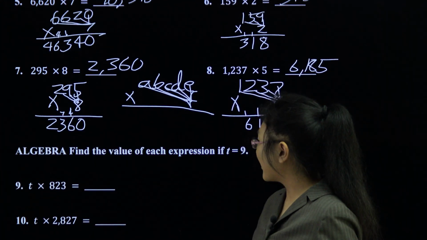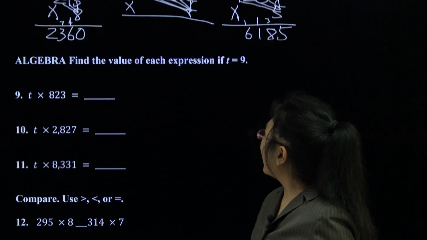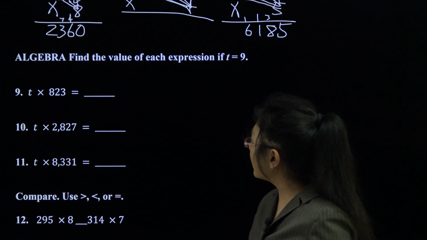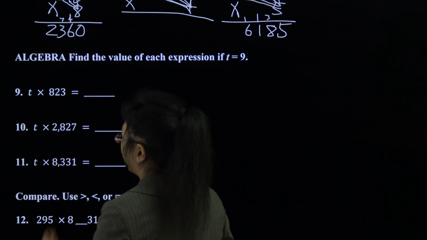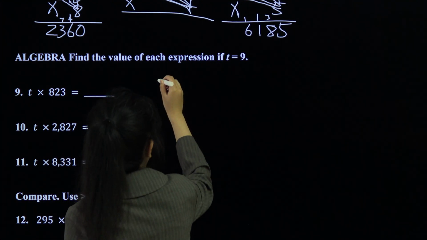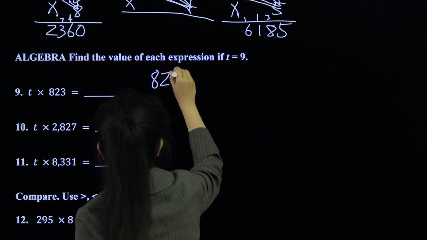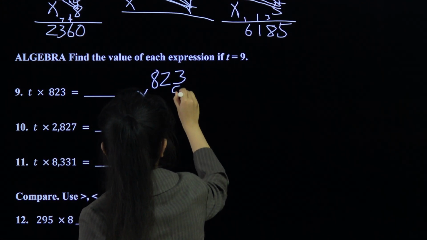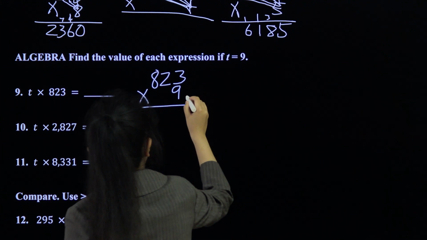We move on to a different set of exercises. Find the value of each expression if t equals 9. So the first one, we have t times 823. So that's 9 times 823.